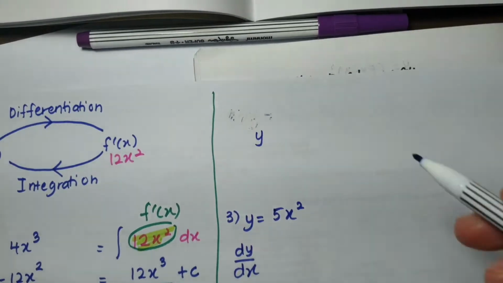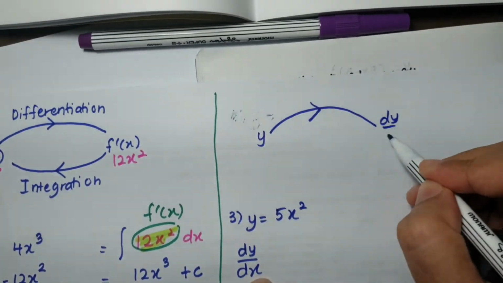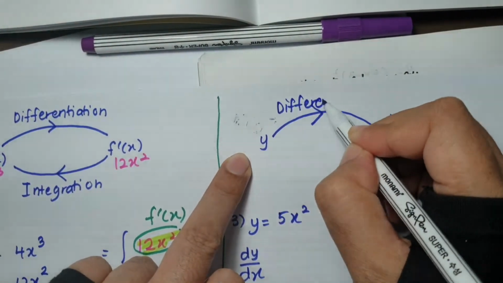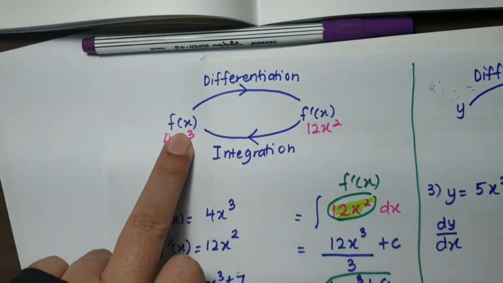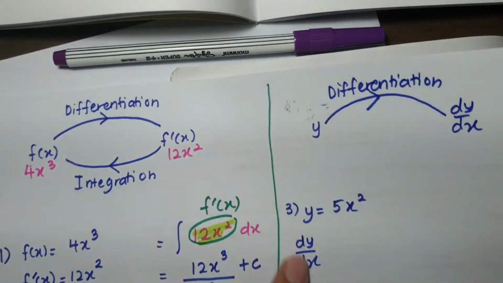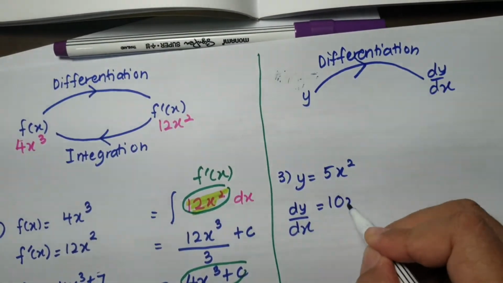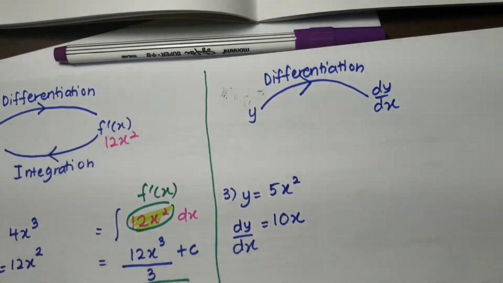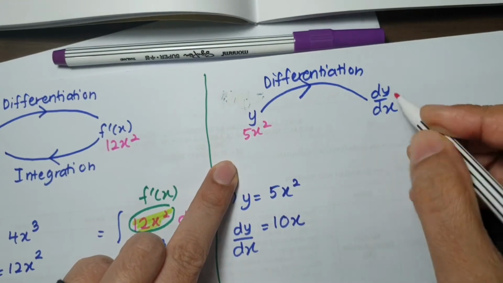This is differentiation. Instead of using fx, you can also use y, the same. So what is the result here? 5 times 2x, 10x. In this case, your y is 5x squared. After you differentiate, you get 10x.